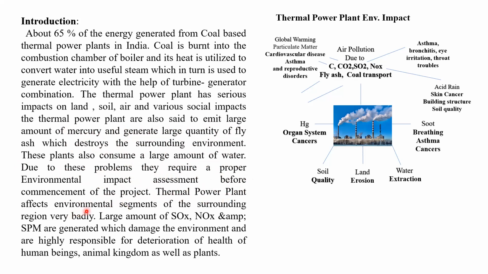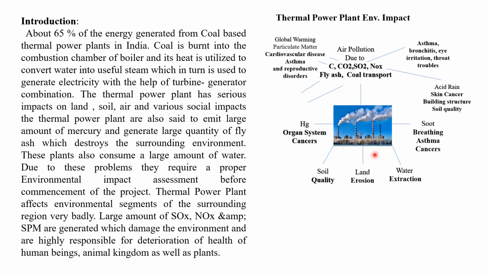A large amount of SOx, NOx, and particulate matter is generated, which damages the environment and is highly responsible for deterioration of the health of human beings, animals, as well as plants.